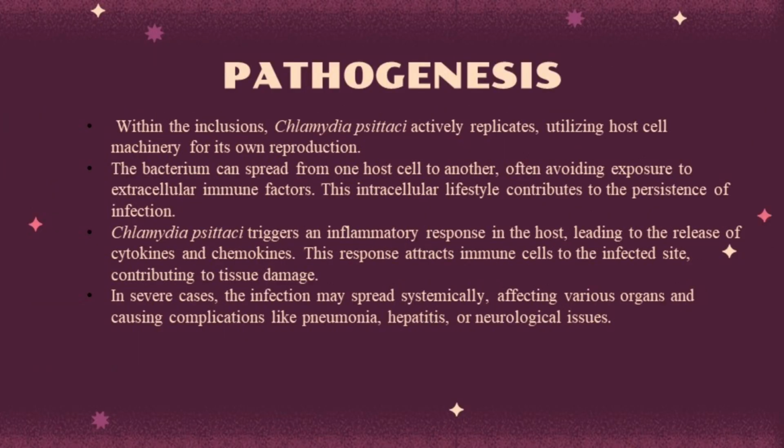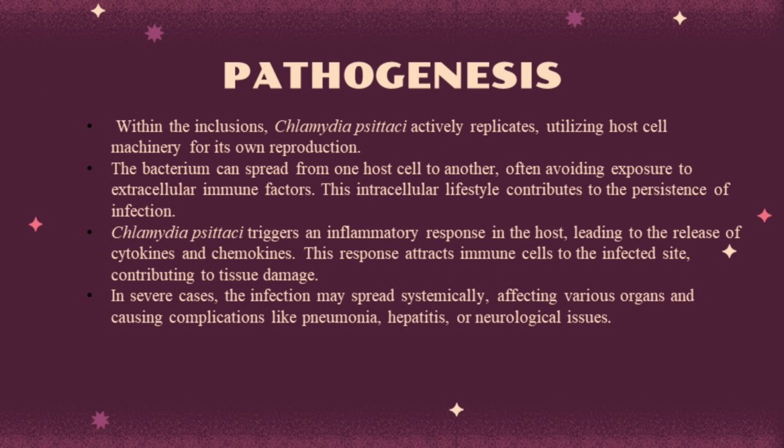Inside the inclusions, Chlamydia psittaci actively multiplies using the host cell machinery for reproduction. The bacterium can move from one host cell to another, often avoiding exposure to immune factors outside the cell. This way of living inside the cell helps the infection persist. Chlamydia psittaci also triggers an inflammatory response in the host, causing the release of cytokines and chemokines.